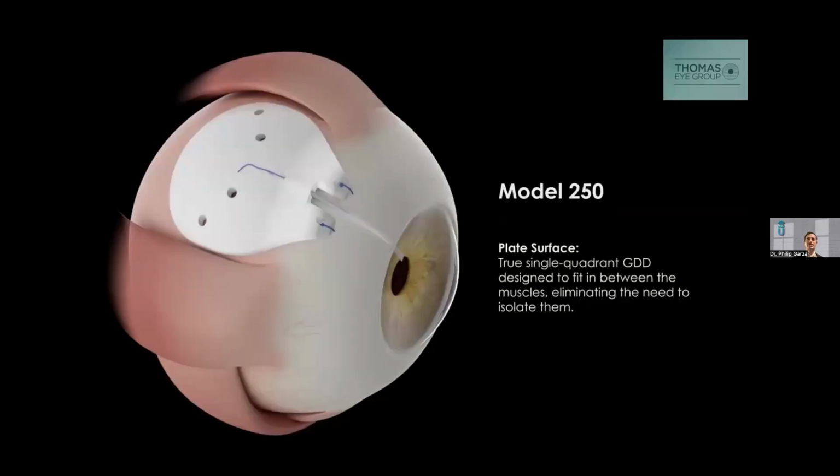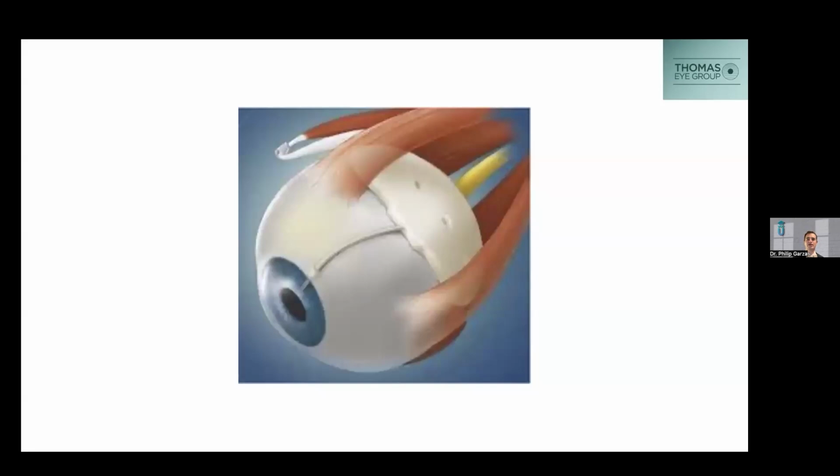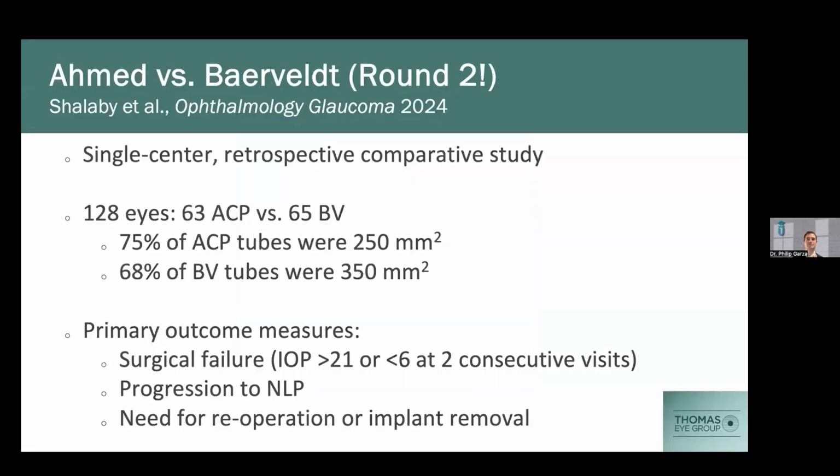And so they came out with the Model 250 and the Model 350. You can see the Model 250 is very similar to the valved Ahmed tube because it's single quadrant and doesn't tuck under the muscles like a Baerveldt. Any Baerveldt has to tuck under the muscles, which has been a long-standing sort of annoyance of those tubes.